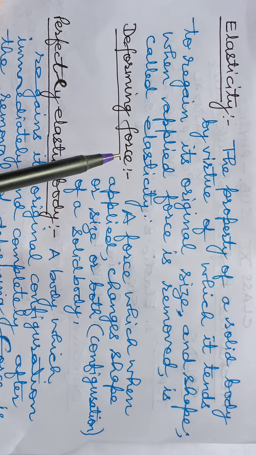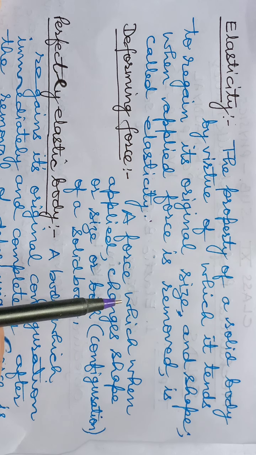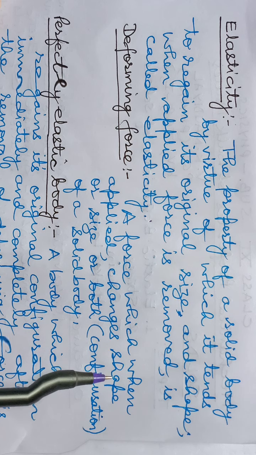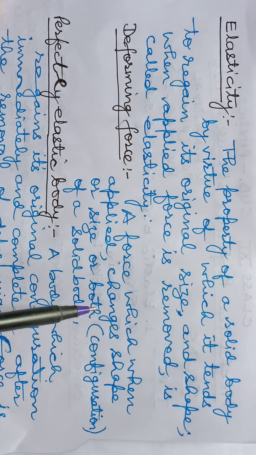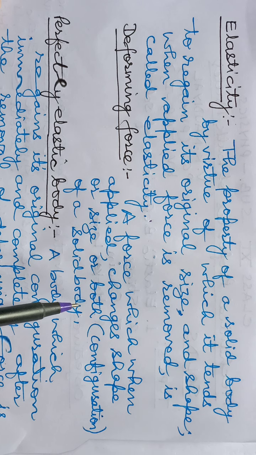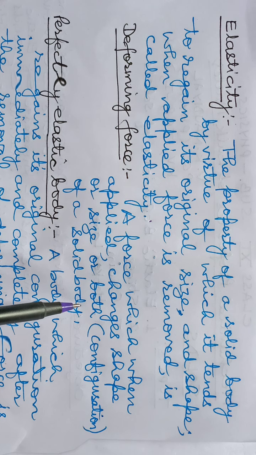Second concept is deforming force: a force which, when applied, changes the shape or size or both of the configuration of the solid body. Just as in the case of a spring, the load, the weight of the substance, was the deforming force.